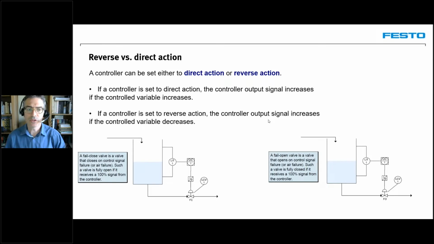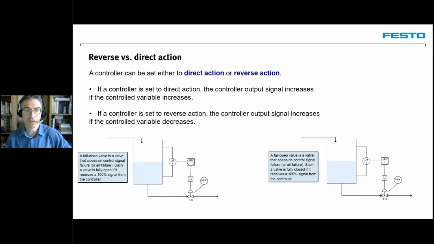First, we need to define what reverse and direct action are. Simply, the response of the controller will either change in the same direction as the error or in the opposite direction.